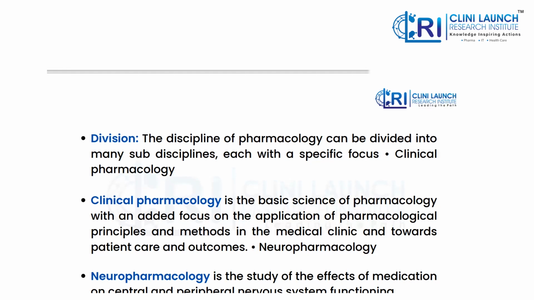Then we have pharmacoeconomics as well. Pharmacoeconomics is about the monetary and economic parameters related to the drug development process. The reason we have this dedicated branch is because the population at this moment is huge, and we have to provide drugs to a huge number of people.